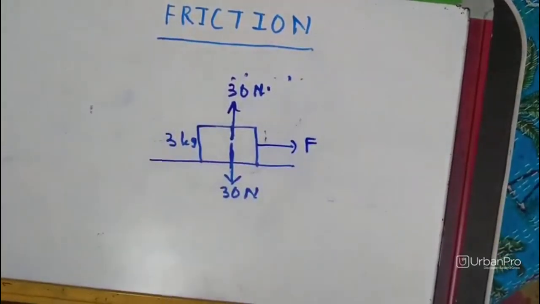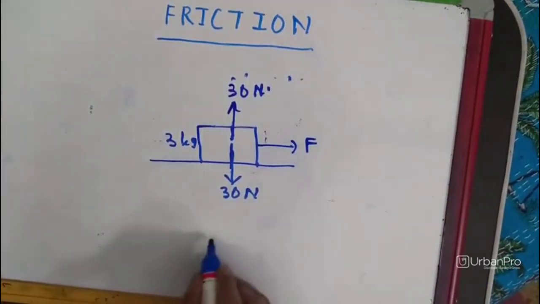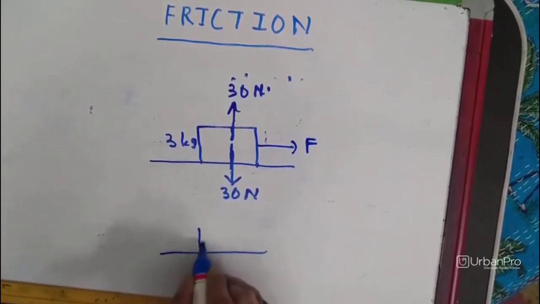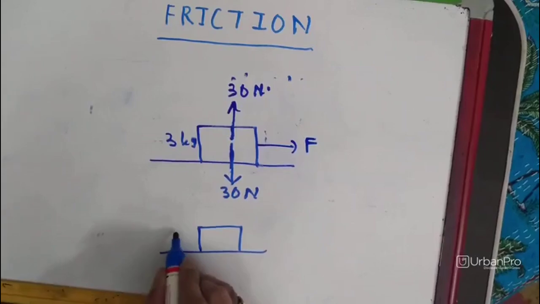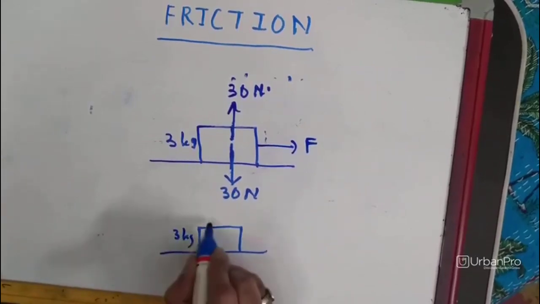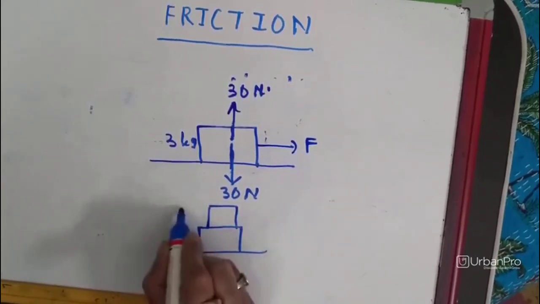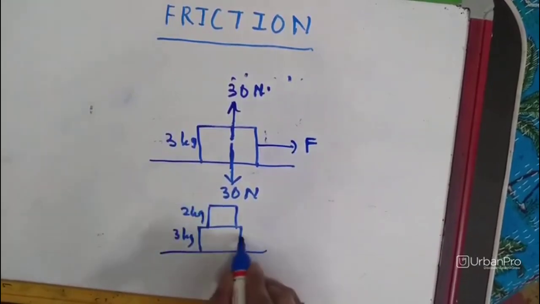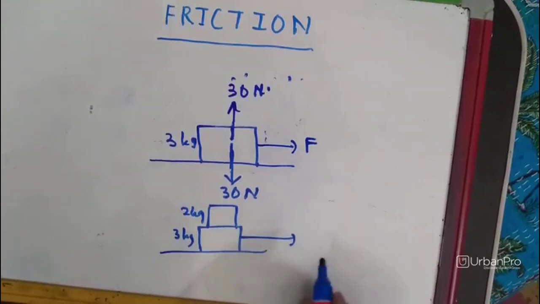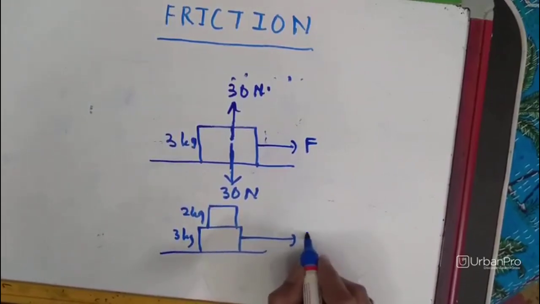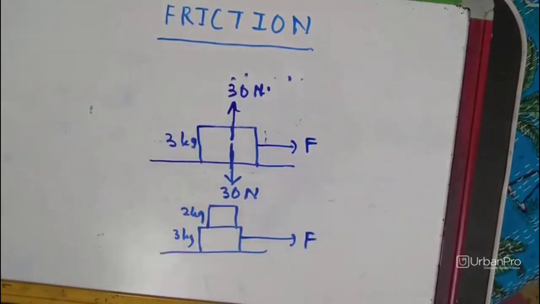Another hypothetical case: I have a 3 kg block, on top of which I put another 2 kg block, and I am being asked to pull the block on the bottom. Which one do you think will be easier to pull?